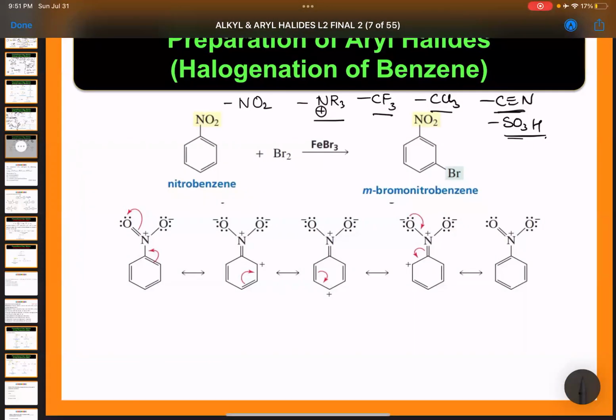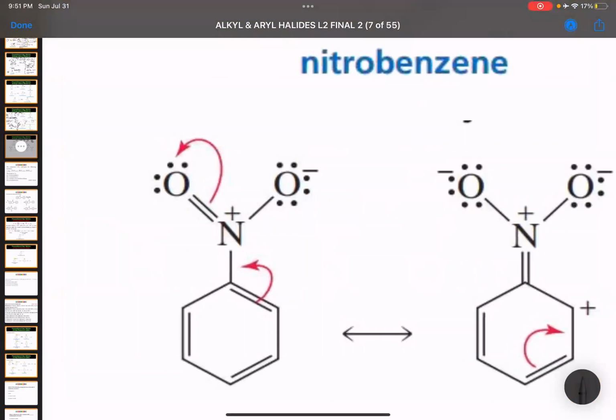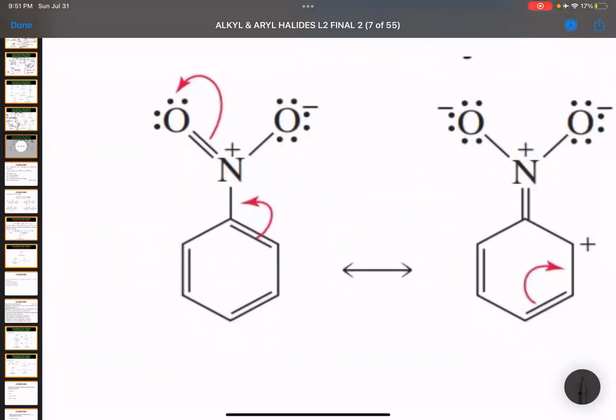The electron density was getting into the benzene, but in these cases the electron density will be taken away from the benzene. So you can see this is the structure of nitrobenzene, and I have put this NO2 group in more detail. This is the detailed structure, as you can see over here. The N is plus, there is no lone pair, and it has a plus charge, and it is also connected to oxygen, which is another electronegative atom.